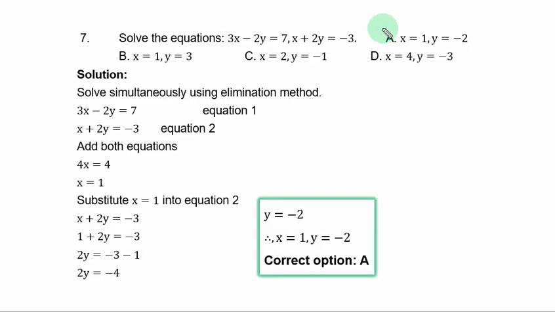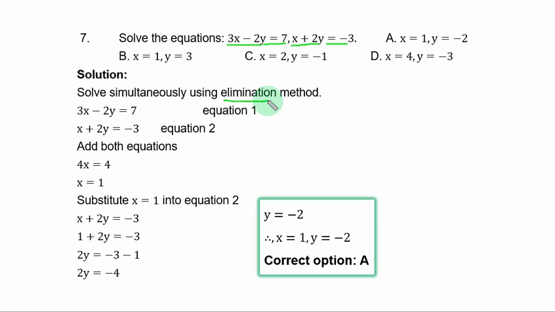Question 7. Solve the equations. 3s minus 2y equal to 7, s plus 2y equal to minus 3. You have a pair of simultaneous linear equations. So let's solve them using the elimination method.